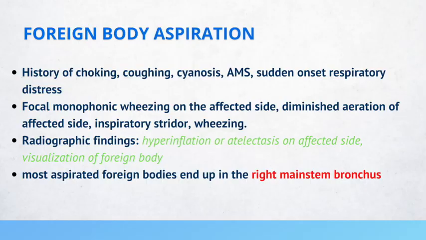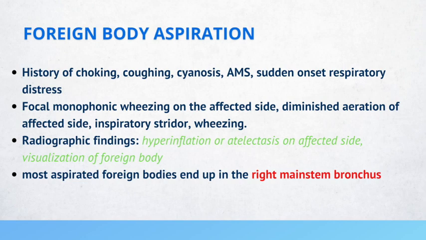If a patient has a foreign body aspiration, you don't want to only consider choking and coughing as possible presentations. If the patient has cyanosis, if the history mentions a sudden onset respiratory distress, or even altered mental status, think about foreign body aspiration. In these patients, you'll hear focal, monophonic wheezing on the affected side.